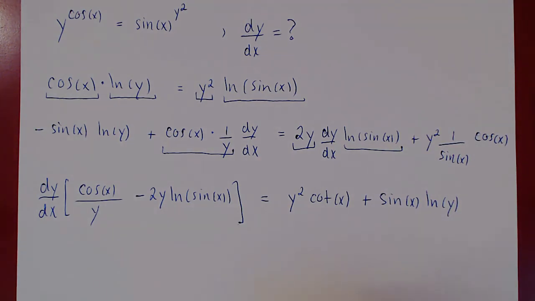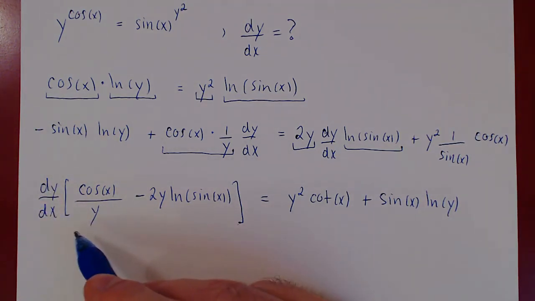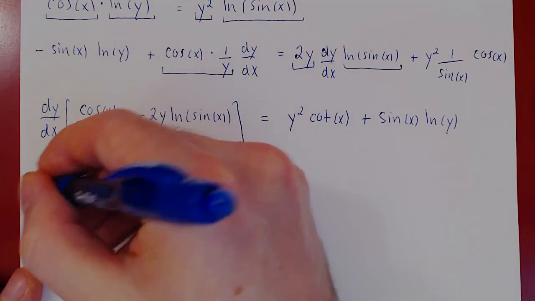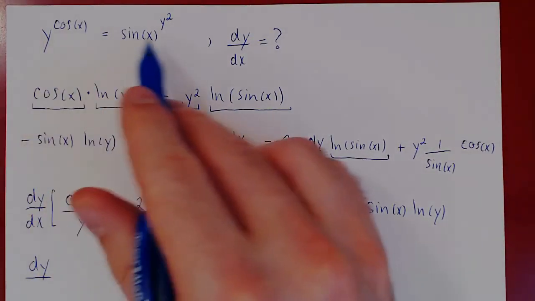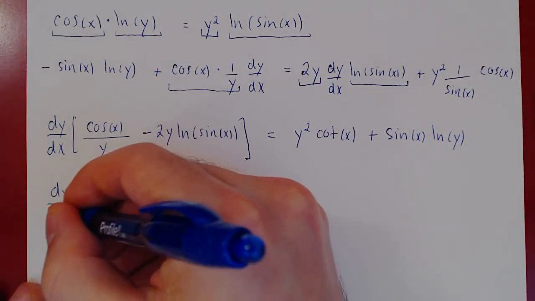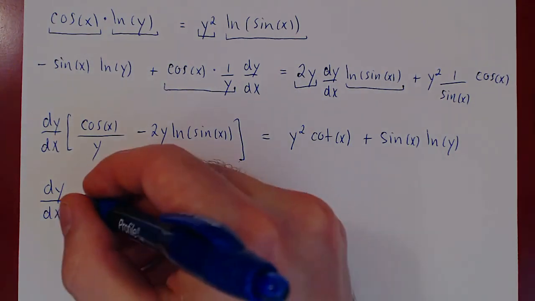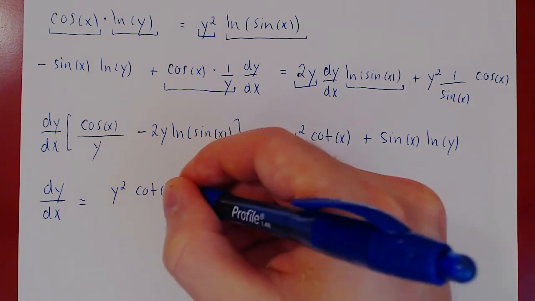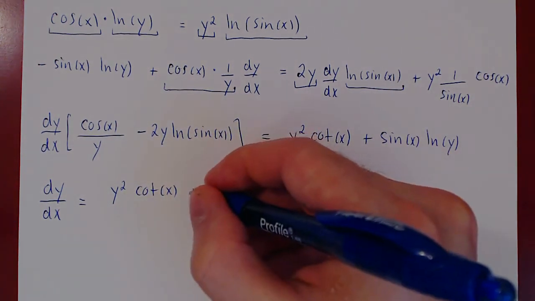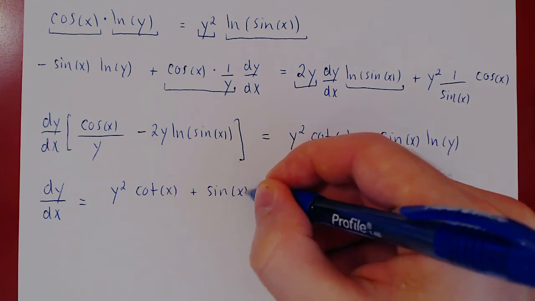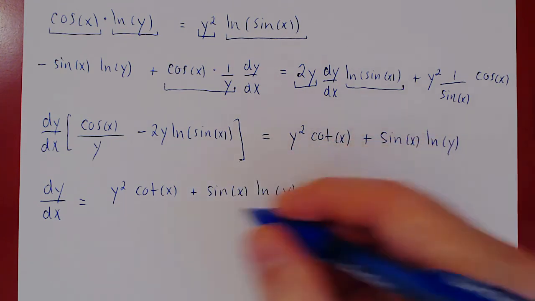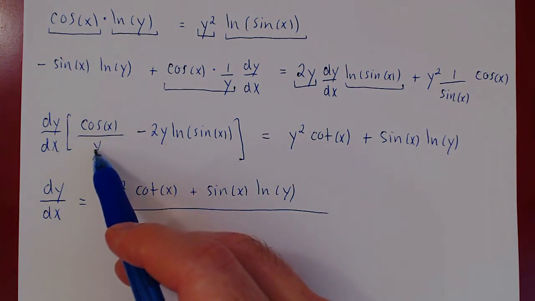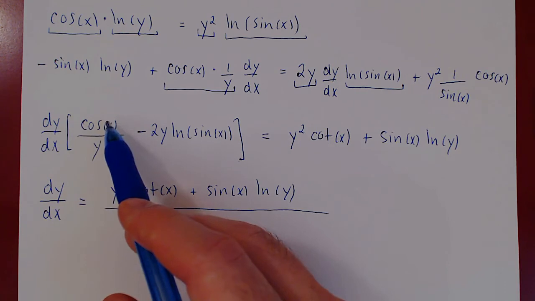And finally, we can solve for dy over dx by dividing across by this expression. And so we'll get that the derivative of the curve, given by this bizarre equation, happens to be equal to y squared cotangent of x plus sine of x ln of y, divided by, and here you can leave cos of x over y, or you could also say y to the negative 1 times cos of x.